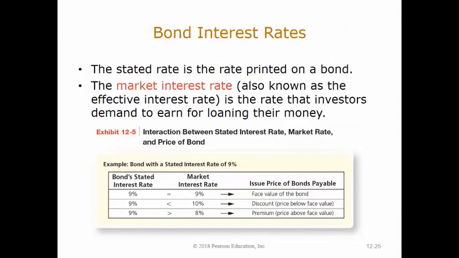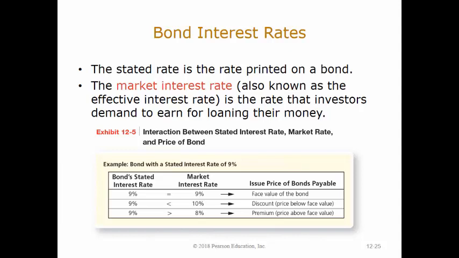Bonds are sold at their market price, or issue price on the date the bonds are first sold, which is the present value of the interest payments the bondholder will receive while holding the bond plus the present value of the bond principal paid at the end of the bond's life. Two interest rates work together to set the price of a bond.